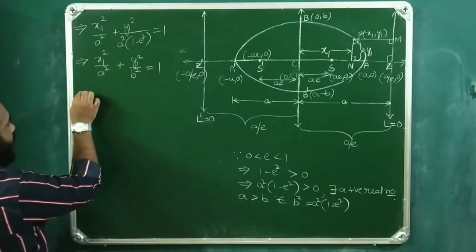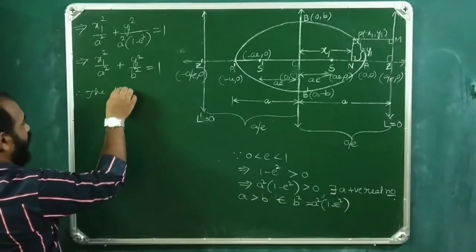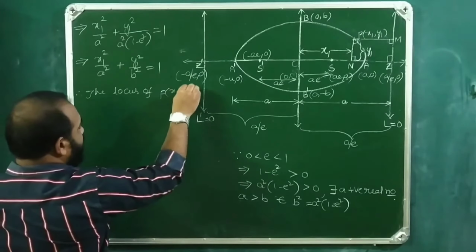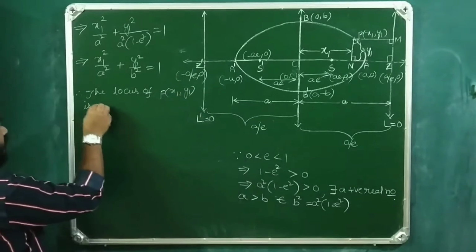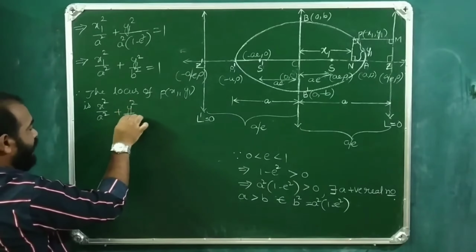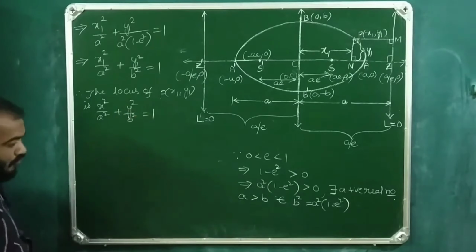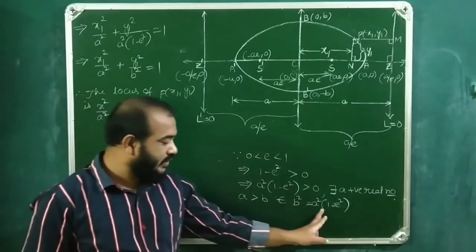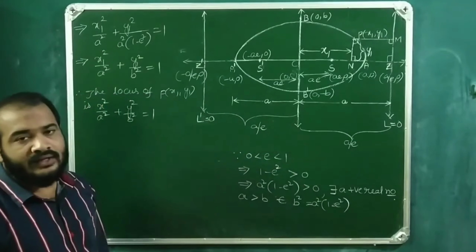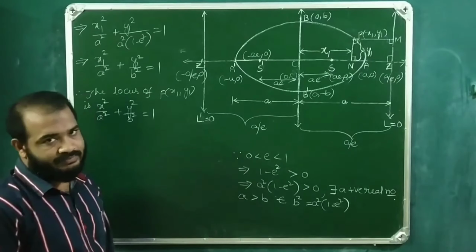Therefore, the locus of P (x1, y1) is x square by a square plus y square by b square is equals to 1, provided b square equals to a square into 1 minus e square, is the required equation of the ellipse.